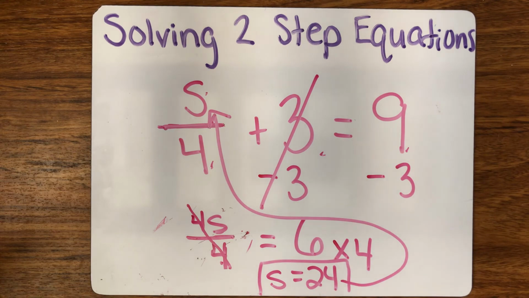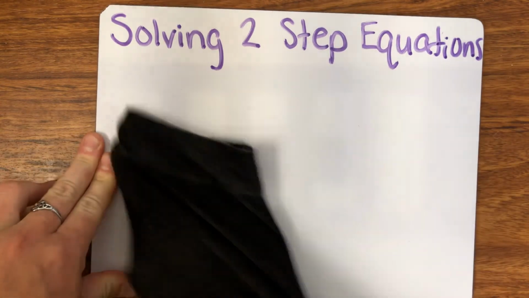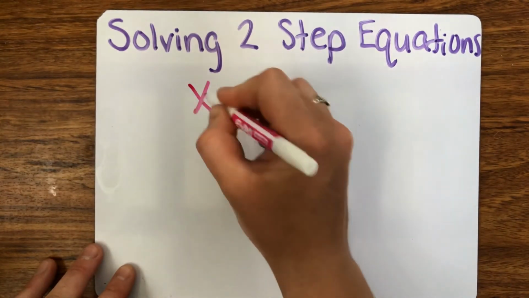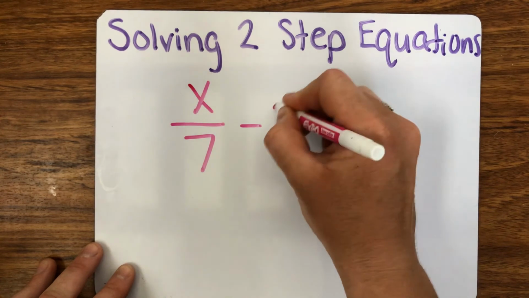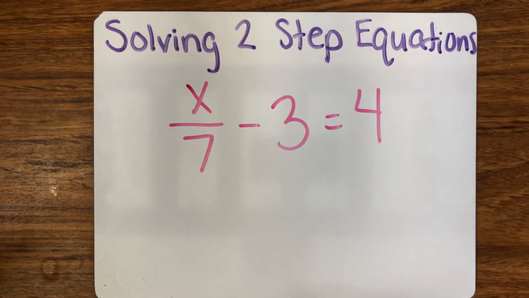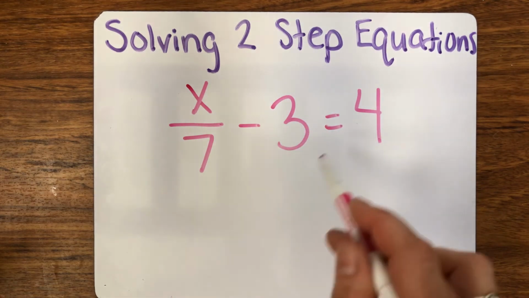All right? So let's do one more problem. This was also on your Google form. So it's x over 7 minus 3 equals 4. So again, we have that division, but we don't want to focus on that first. We want to focus on this. Get this away from the problem first.